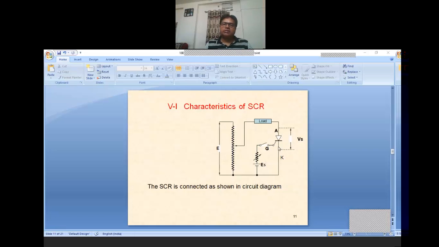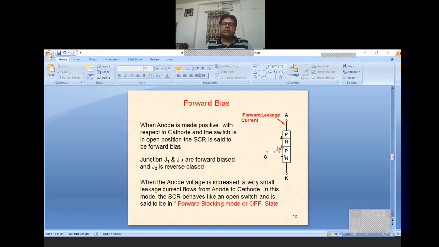To understand all these things, now we will go to the forward biased condition, where we visualize the SCR connected in the PNPN layers, where the supply voltage is given to the anode and cathode. Anode is more positive with respect to cathode.